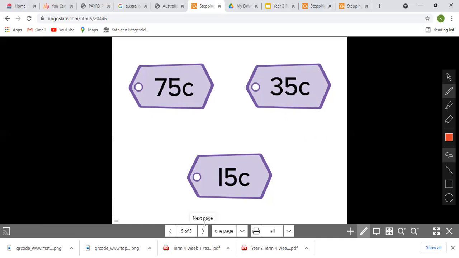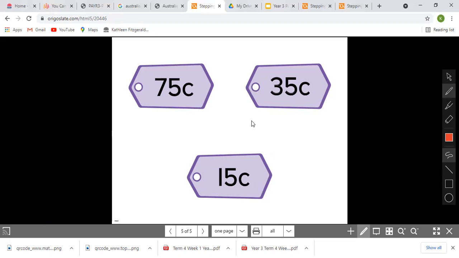Okay, and the last one. Now, you can put these together in different ways. You could look at these two and go, well, 70 and 30 is 100, so that will be $1. Then you can add your 5s, 5, 10 plus 15 is 25. So that would be $1.25.